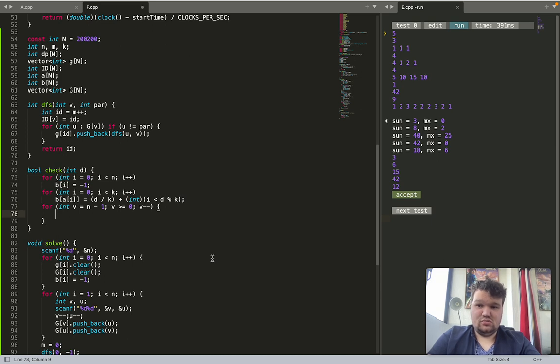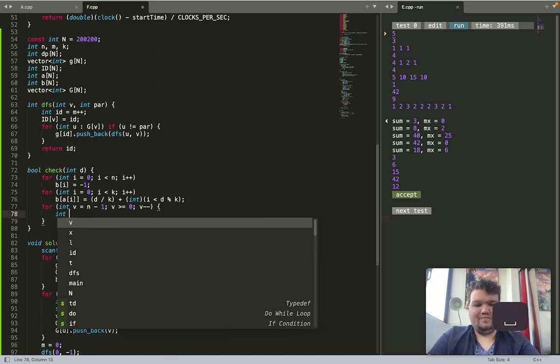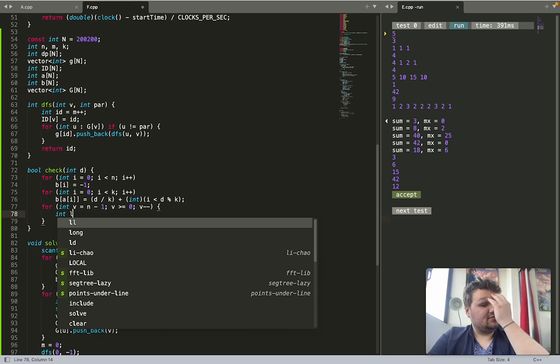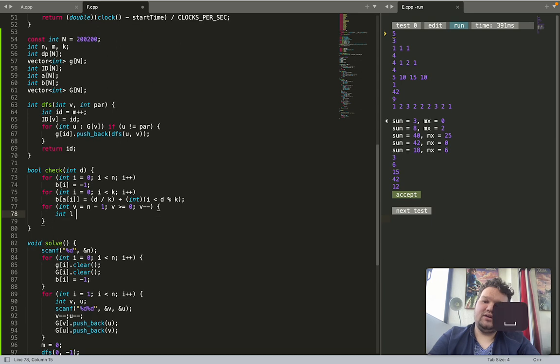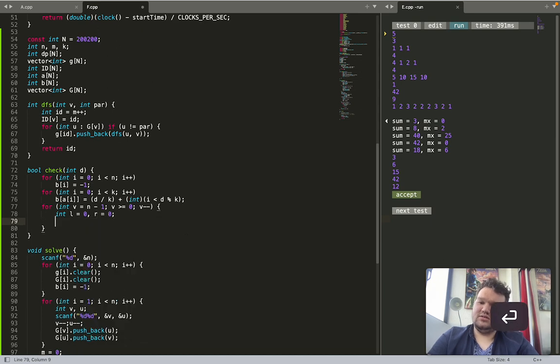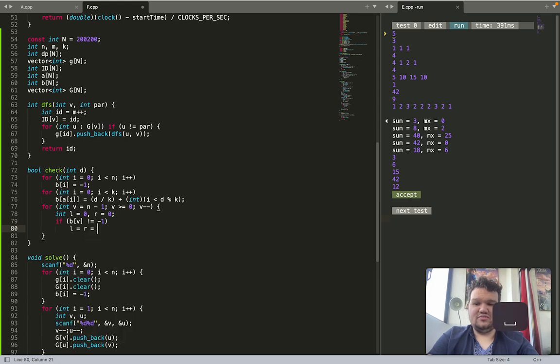So we need to calculate minimum and maximum values, and we start by saying that they're both zeros, but if there should be a path starting in this vertex, then both of them are actually minus this length plus 1.